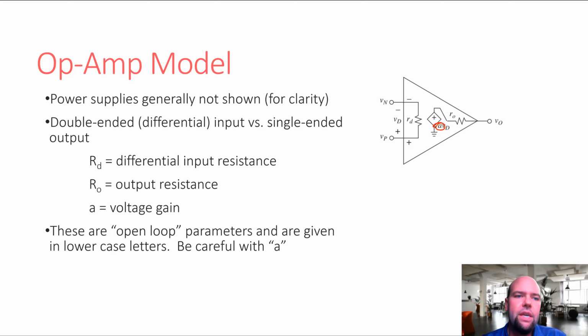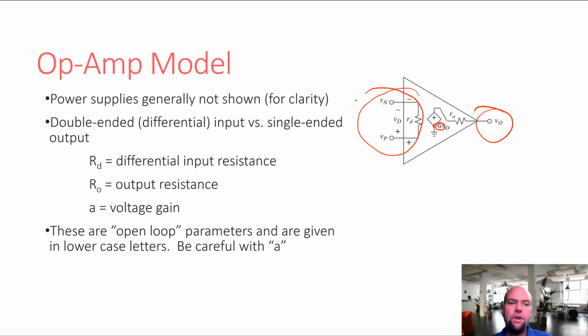In this case, we show the output voltage as a single terminal and the input as two terminals. The input of an op-amp is typically described as double-ended, or differential, meaning that both of those terminals can have a voltage that is independently referenced relative to the ground reference for our amplifier.